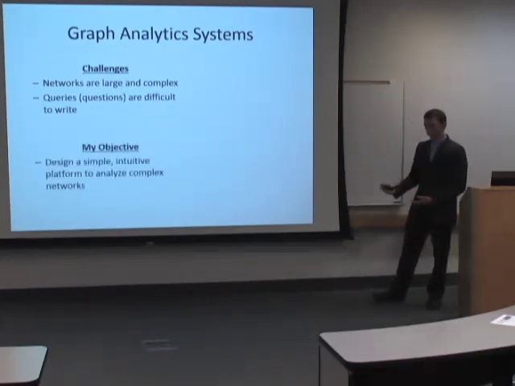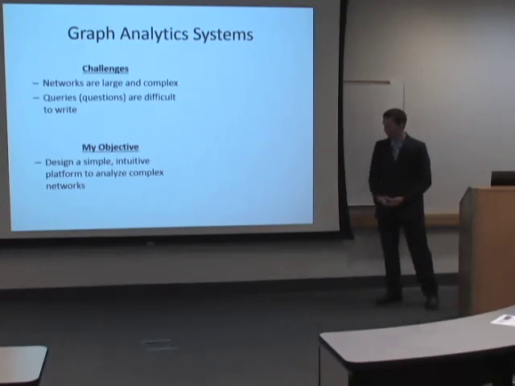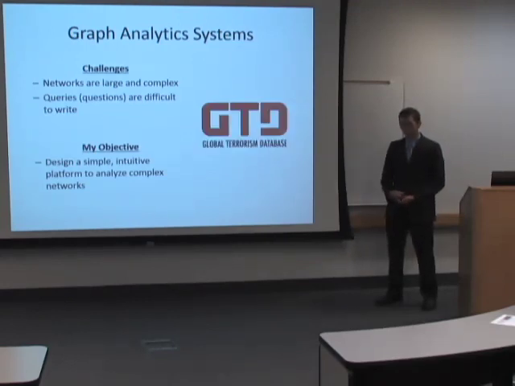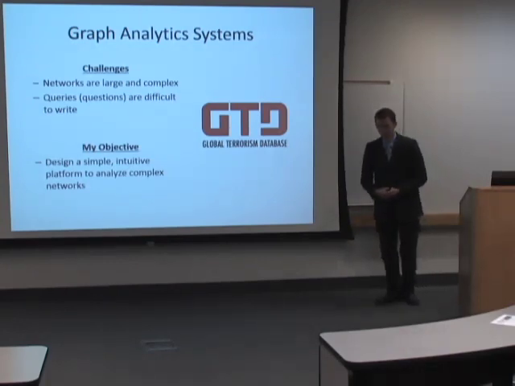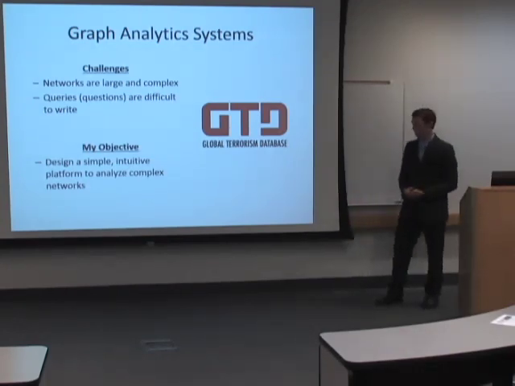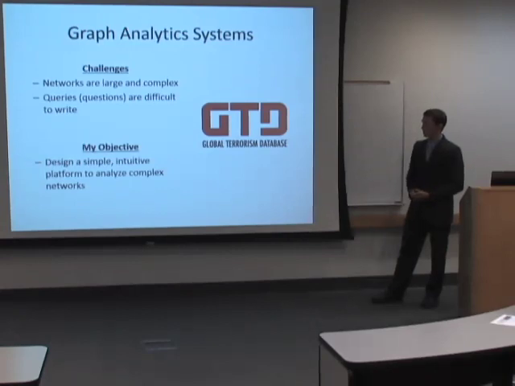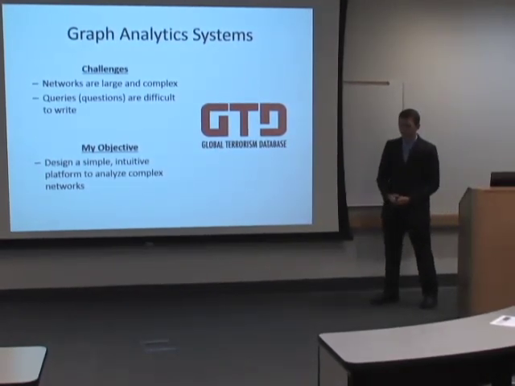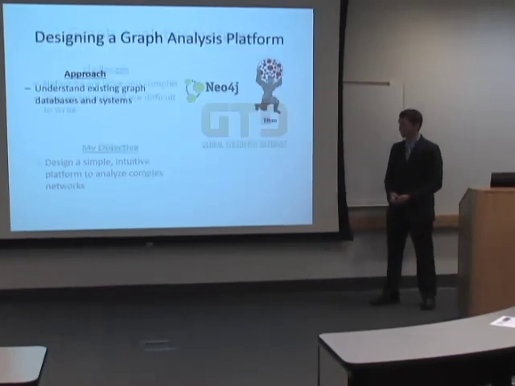So my objective for this summer has been to design a simple, intuitive platform for analyzing these complex networks. And the data set that I've been using is actually the Global Terrorism Database, which is available publicly online. I'm using this data set as the first set of data to basically test my system.